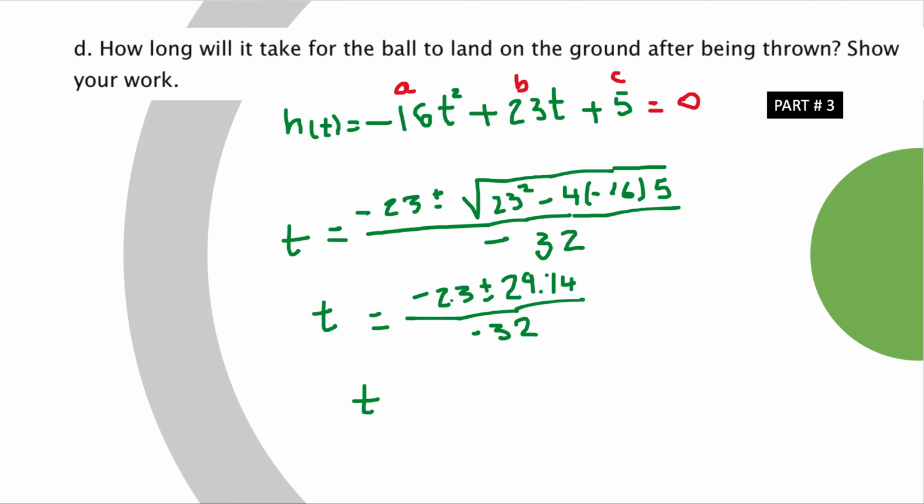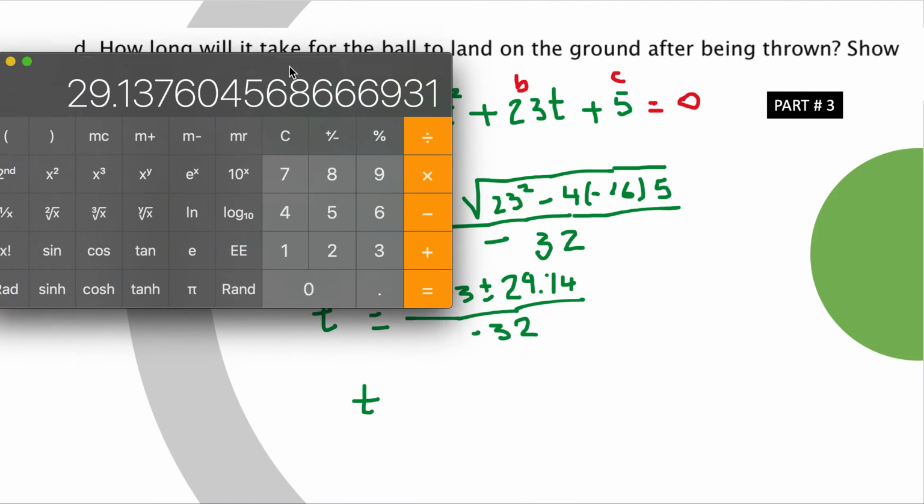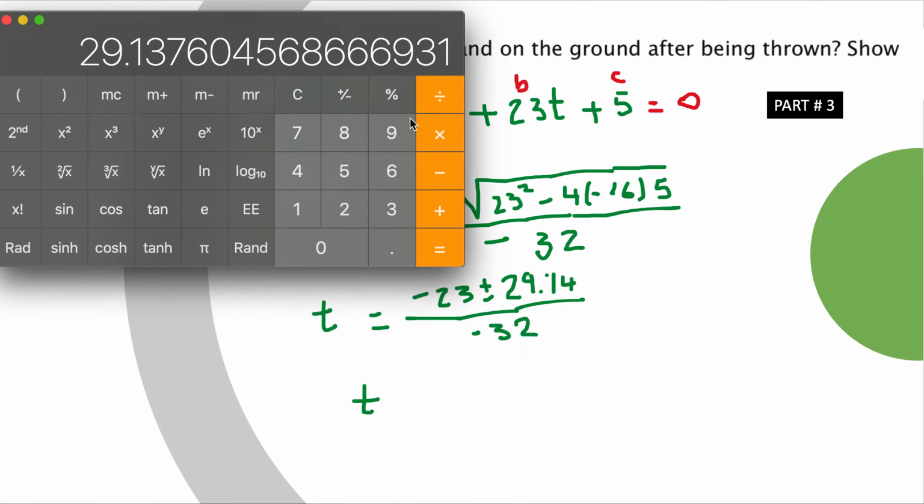But for the other one, negative 23 minus 29.14, the number is going to be positive, so I'm going to take this into consideration. So now I have 29 here, plus 23, which I'm taking, is equal.